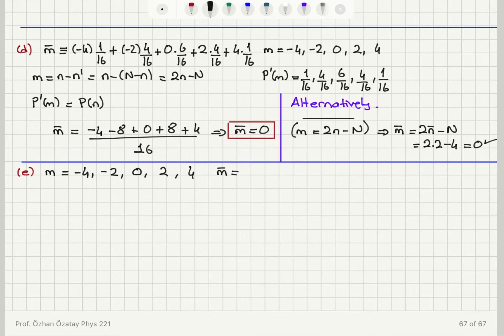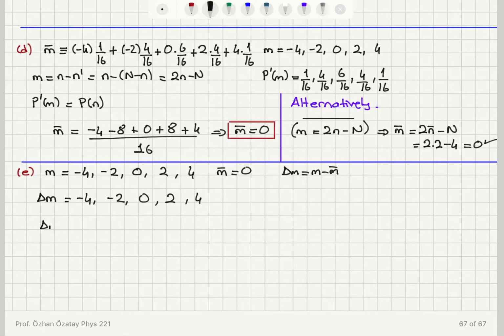The average value of m is 0. The corresponding deviation of m, remember deviation is m minus m bar, is -4, -2, 0, 2, and 4.